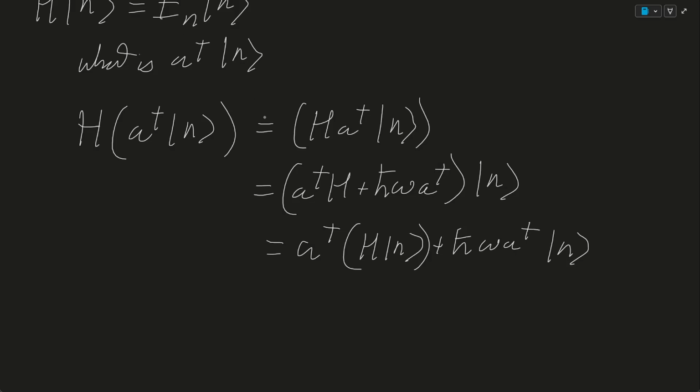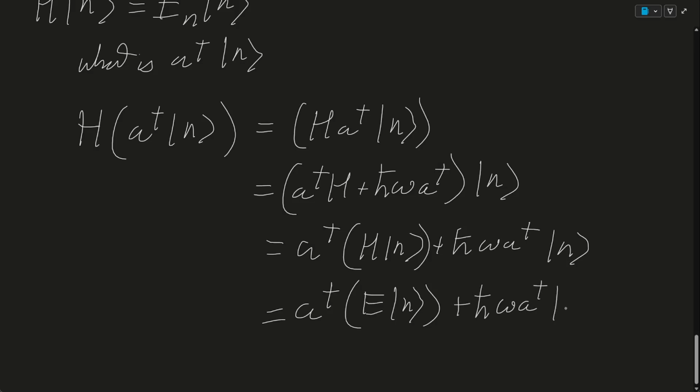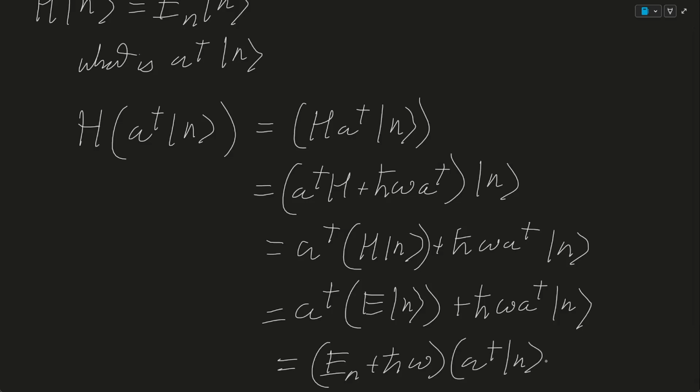This is then a dagger En n plus ħω a dagger n. What do you know? This is En plus ħω, times a dagger times our energy eigenstate.